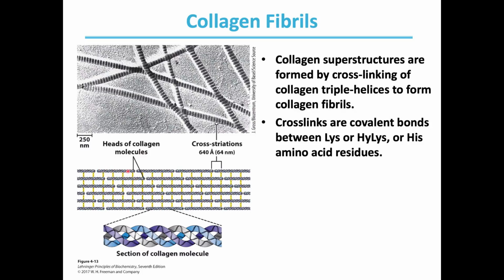So these are the individual collagen molecules, and we can see this staggered nature, and this staggered arrangement leads to that striation. And then these cross links that you see between the collagen fibers are covalent bonds between lysine or histidine amino acid residues. And then here you just see the cross section if you were to look at a single collagen molecule.